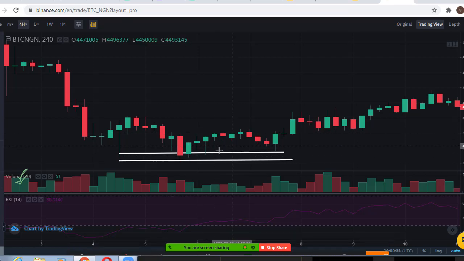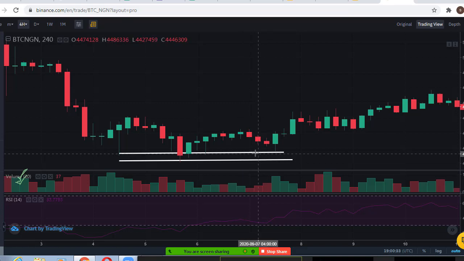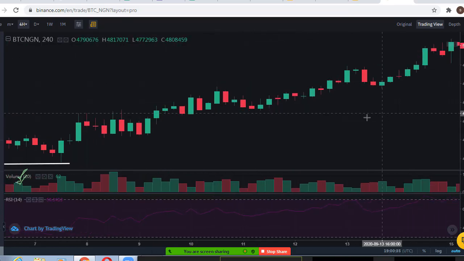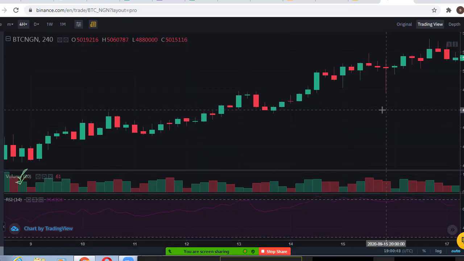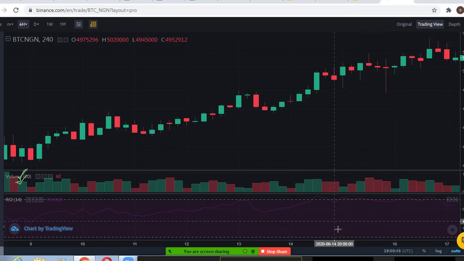You're supposed to buy at this very point, and then you sell when the market is at overbought. Buy when the market is at oversold. Very simple. I repeat myself: buy when the market is at oversold, sell when the market is at overbought. Overbought is from 60 to 100 and oversold is from 40 to 0.